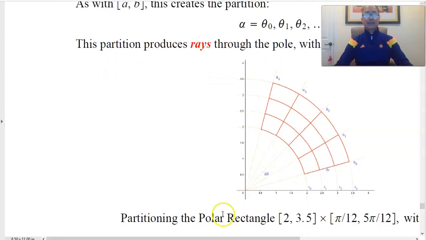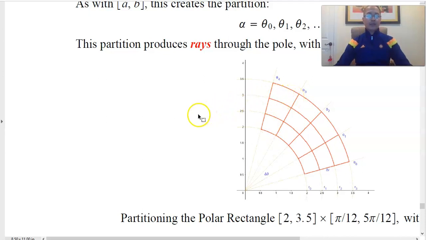As you can see, the polar subrectangles that we get are not the same size, okay? They're narrower when you're closer to the pole, and the further out you get, the wider they get, okay?